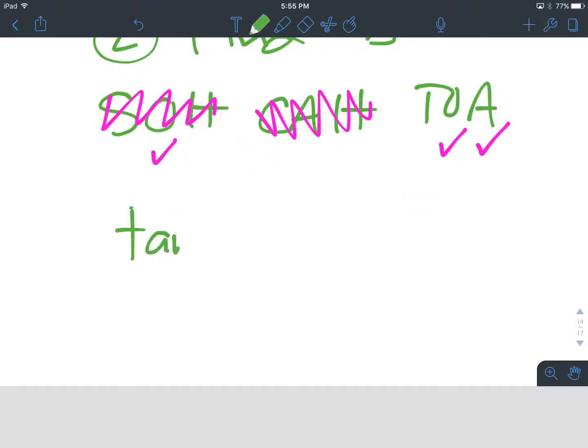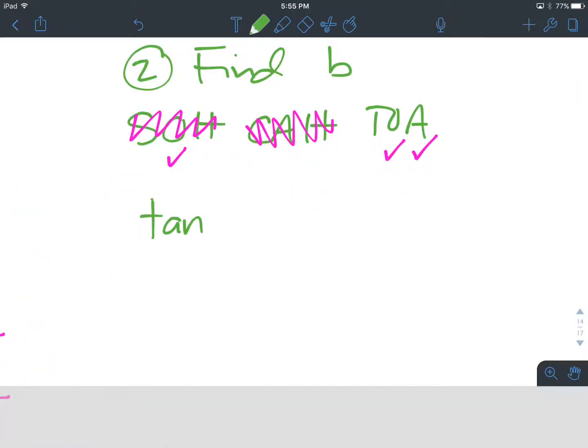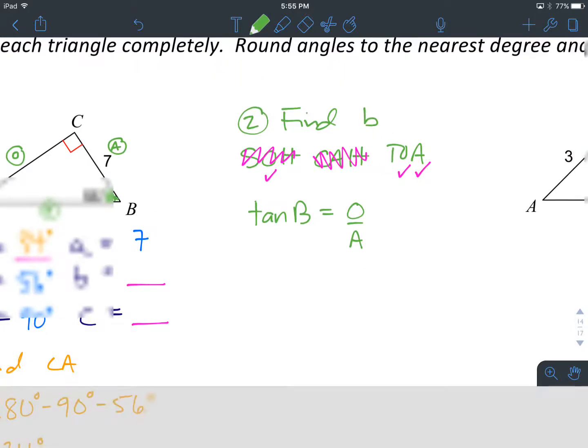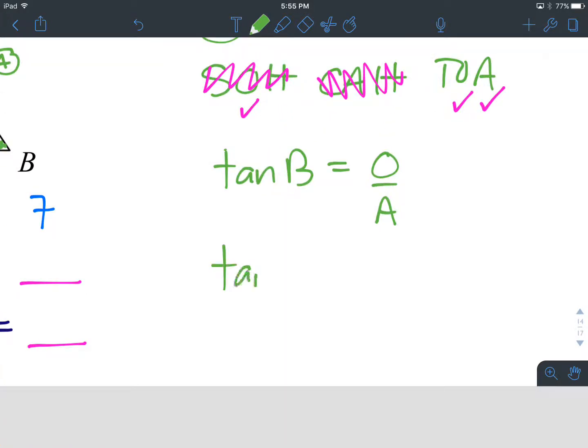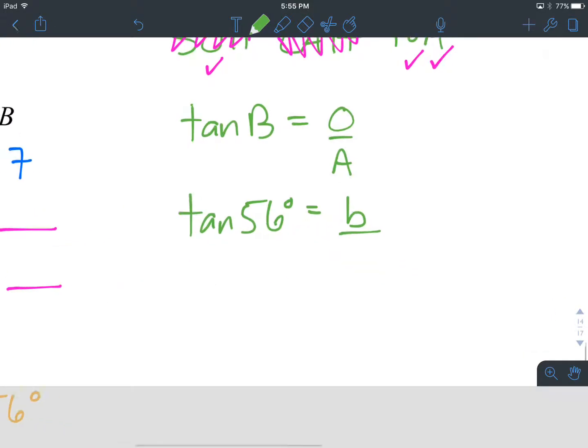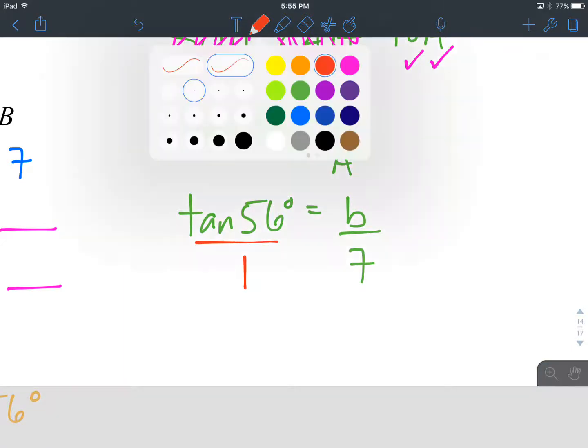The tan of angle B, which I chose as my reference, is equal to the opposite over the adjacent. And now we start subbing in pieces of information that we know. So we know the tan of 56 degrees is equal to the opposite side, which I don't know, that's little b, over my adjacent side, which is 7. And now, just like I did in other lessons, I'm going to set this over 1 to solve for little b. We're going to cross multiply here.